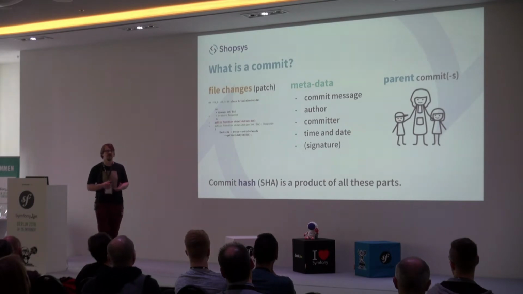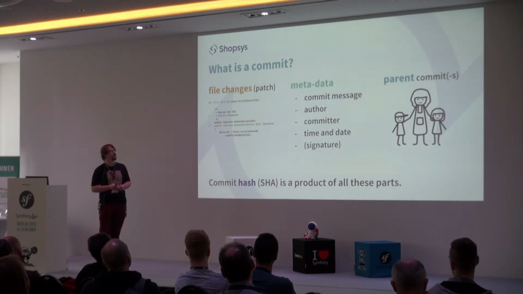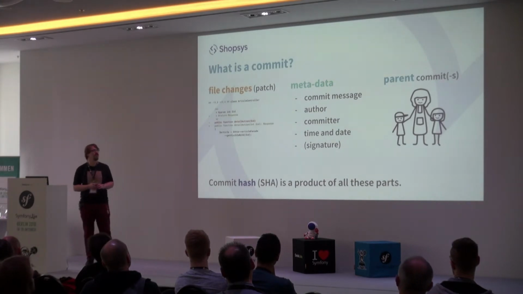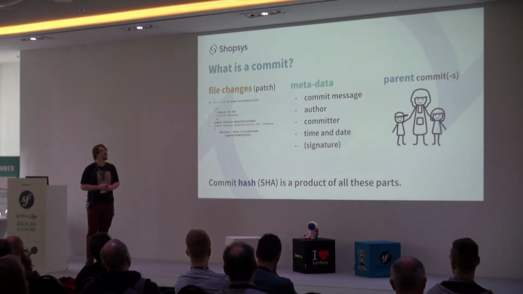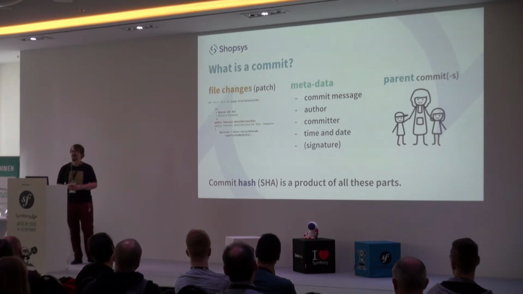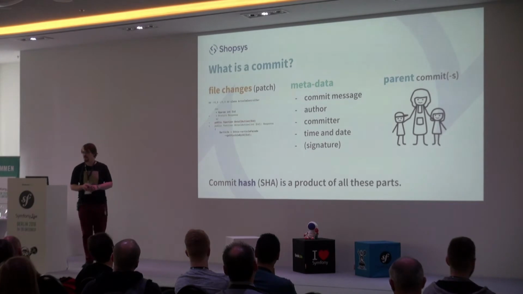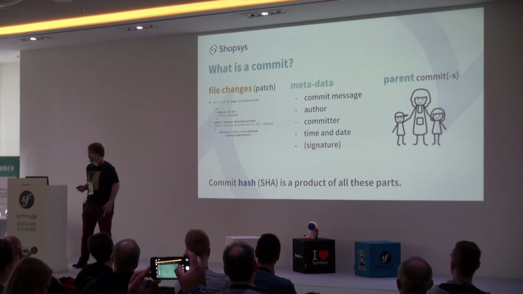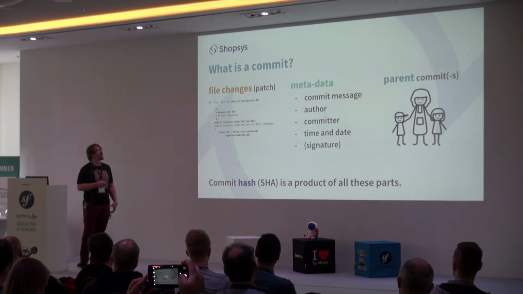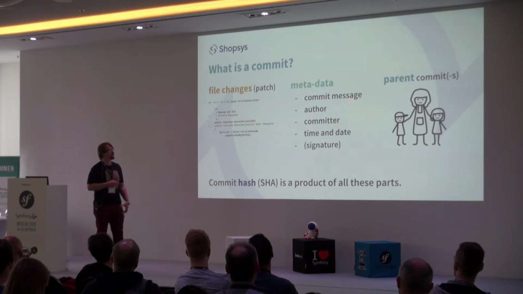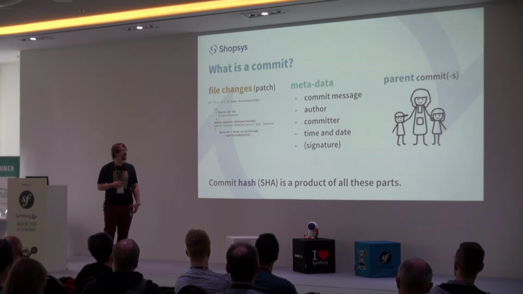Maybe you like to just put "update this file" or "typo" or something like that in a commit message because it's quick, it's easy, but that will not help anybody that will stumble upon your commit and be like, what the hell? What did he do? And why? The second thing is the author, the person who made the commit, obviously.